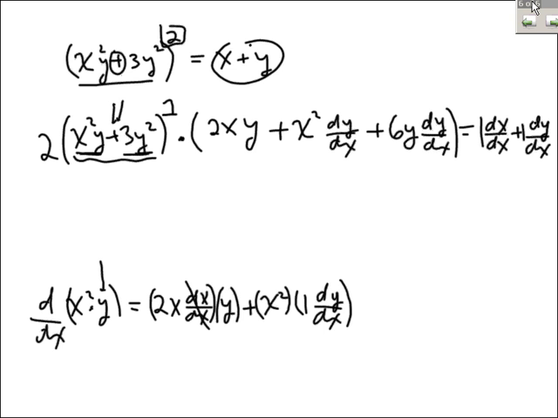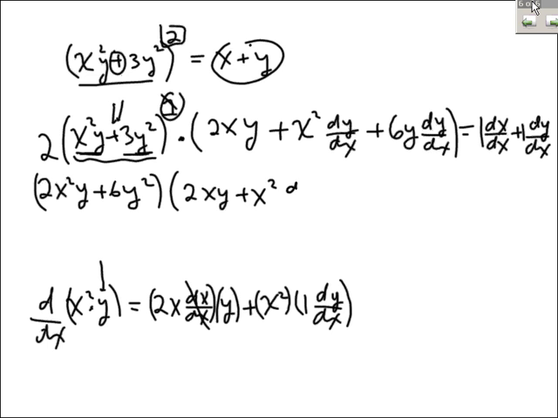Okay, so let's clean this up a little bit. Now, the 1 you don't need to even talk about. I can distribute the 2, so I get 2x squared y plus 6y squared, and all of this is being multiplied by 2xy plus x squared dy/dx plus 6y dy/dx.